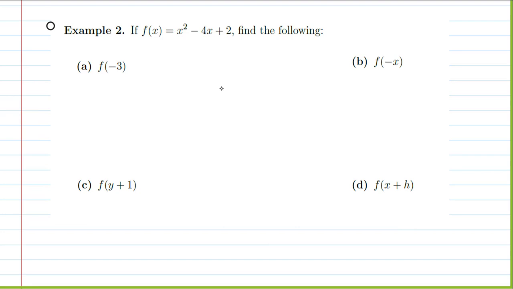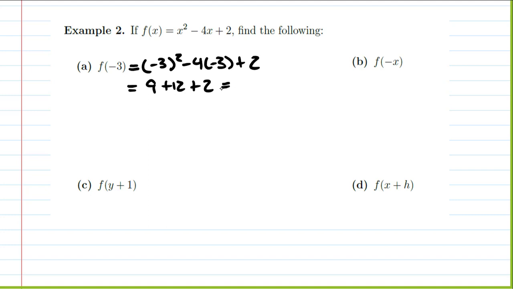So our first one wants us to find f of negative 3. And that means everywhere I see an x, I will replace it with negative 3. Negative 3 squared is 9. Negative 4 times negative 3 is 12. Plus 2 gives us 9 plus 12 is 21 plus 2 is 23.